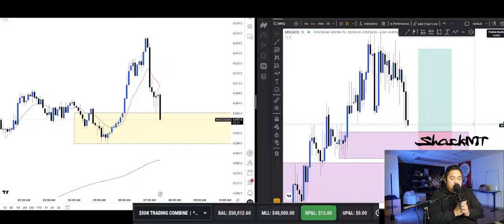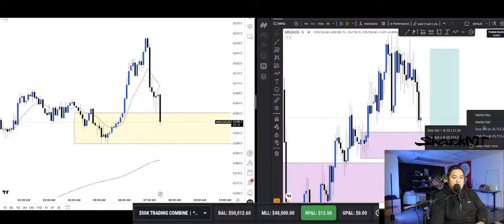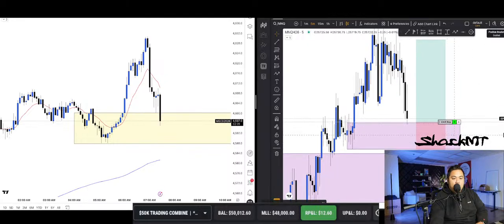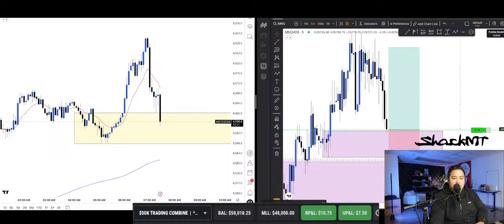Market open here. NQ tapped the 5-minute demand nicely. I'm going to take the risk on the combine. This is very risky, and it's just a combine. Okay? I'm going to risk 127 bucks.